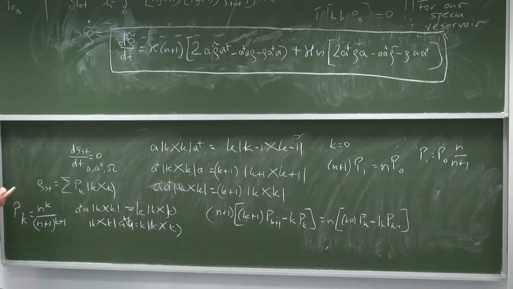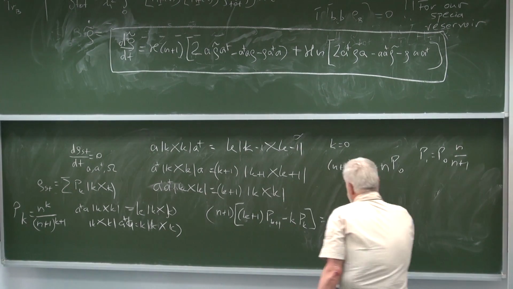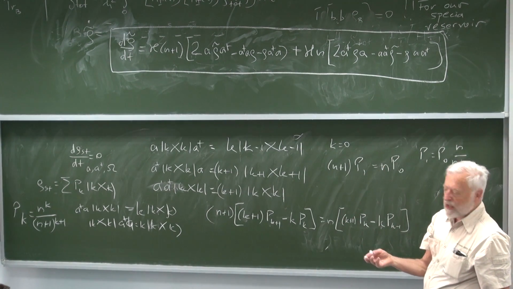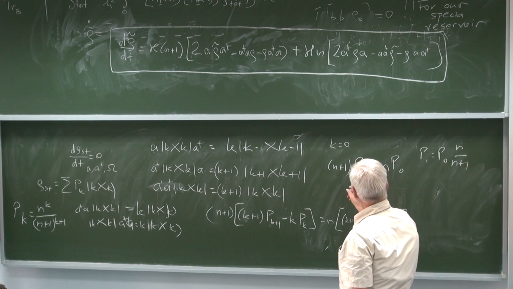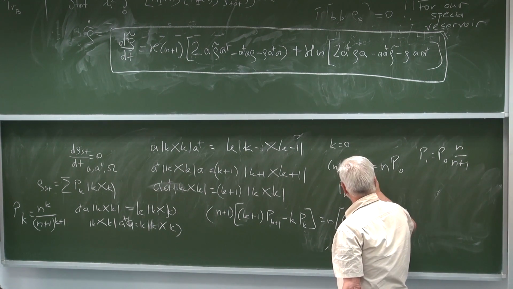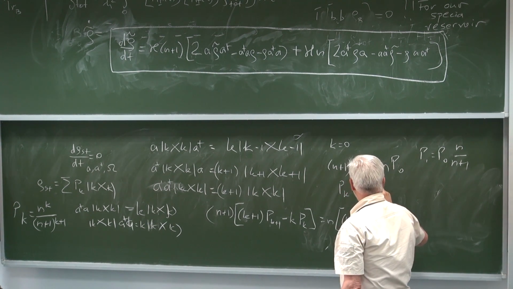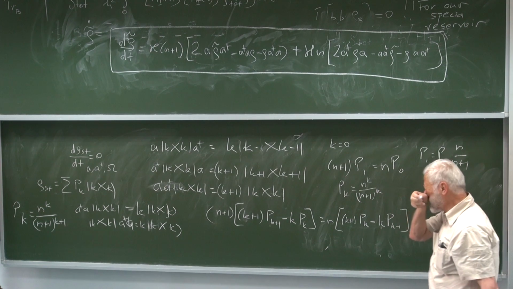So p1 to p0 is exactly n, should be exactly n to n plus 1. One can play this game for any k, and in particular one can substitute as pk n to the power 2k divided by n plus 1. Well, 2k plus 1, but I will write k for simplicity.